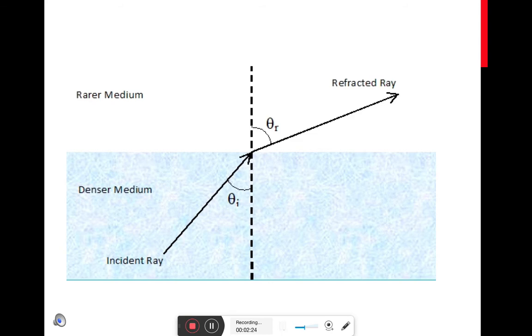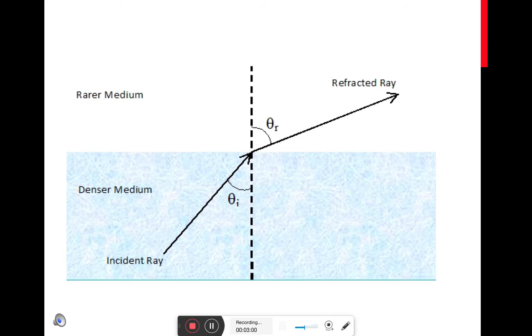So the two basic principles that govern the propagation of light through an optical fiber are, first of all, refraction, and the other one, total internal reflection, which we'll describe in the next slides. So you can understand what a refracted ray is. When a ray of light is incident at the boundary between the denser and the rarer medium, due to the difference in refractive index, this incident ray of light gets bent.